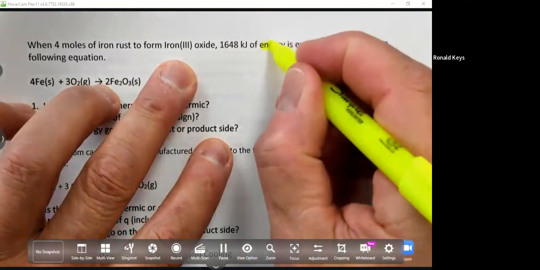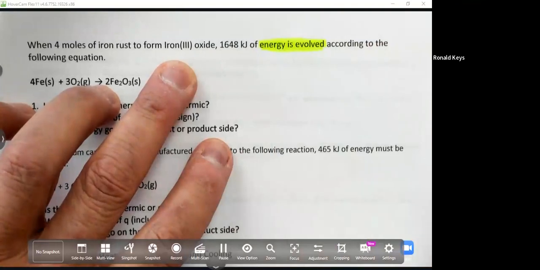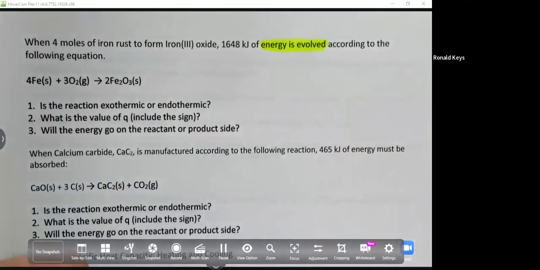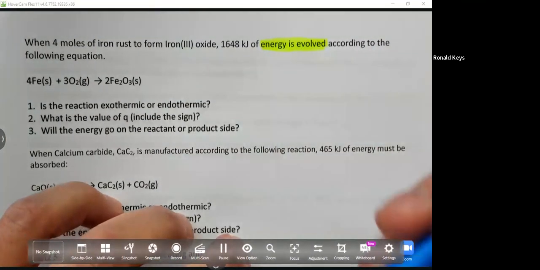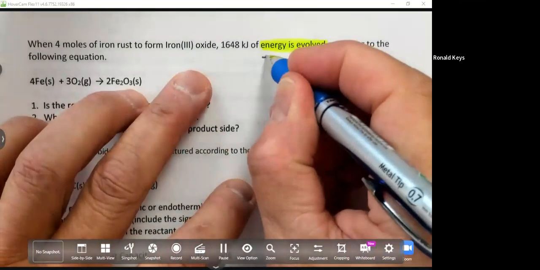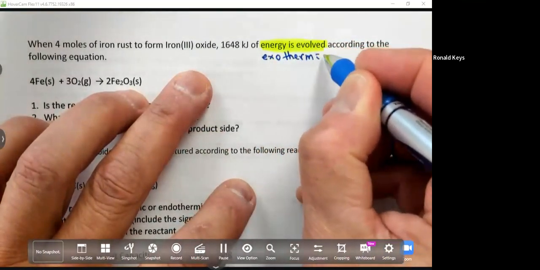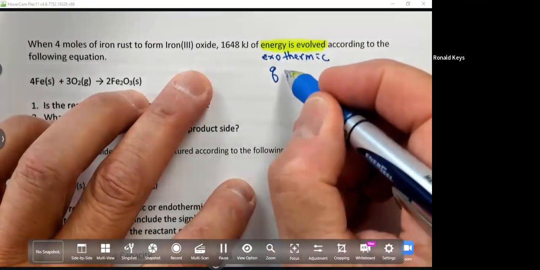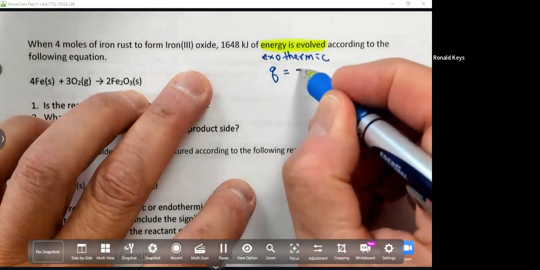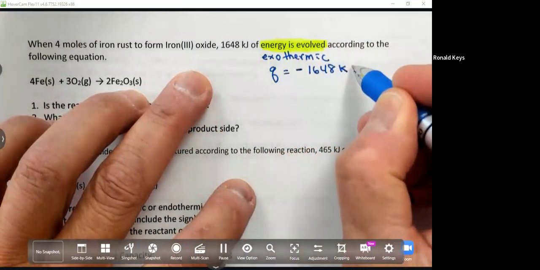Energy is evolved. If energy is evolved, that means this is exothermic. That means Q is going to be negative 1648 kilojoules.